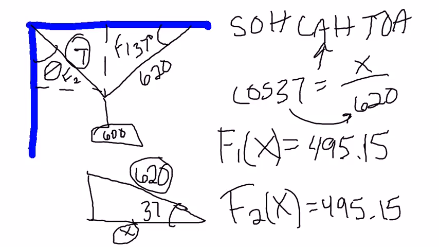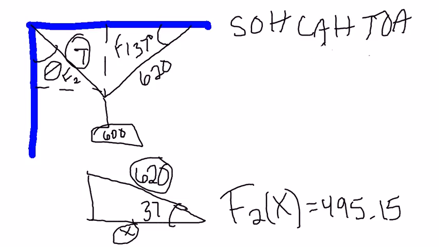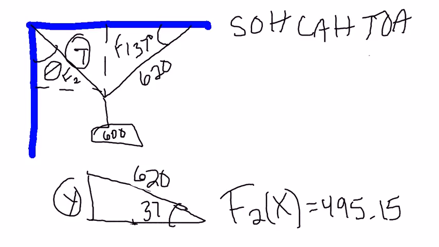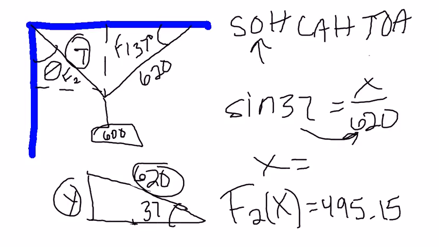The next thing we're going to do is solve for F1 of Y, using the same triangle, but this time finding the Y component instead of the X component. We're still going to have 620 here and the Y here. This time we're using opposite and hypotenuse, which means we're going to use sine. So sine of 37 is equal to Y over 620.